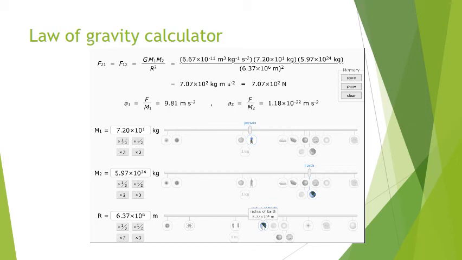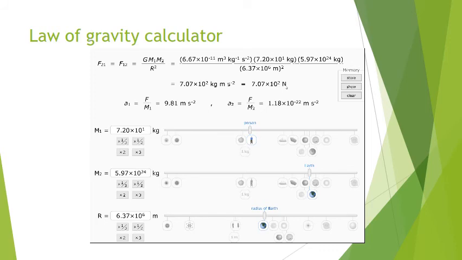That's how far we are from the center of the Earth. So now notice when you put in those values, the mass of the person, the mass of the Earth, the distance between the Earth and the person squared, you wind up with a total of about 700 newtons. 7 times 10 to the second is 700 newtons.